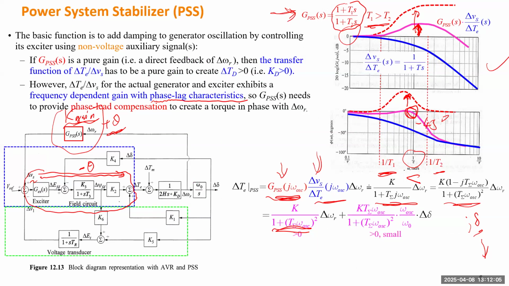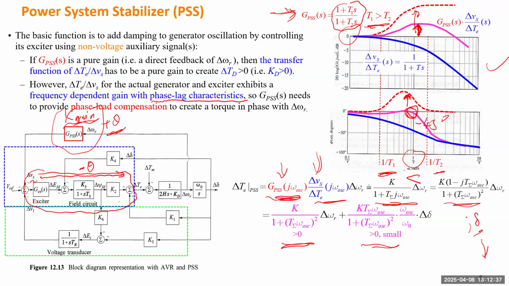All right, so finally, what we expect to have by designing the PSS, we expect this component to be positive. And this component is not negative. It can be small or 0, but it should not be negative. That will make the PSS able to provide positive damping and also not affect the angular stability of the machine.